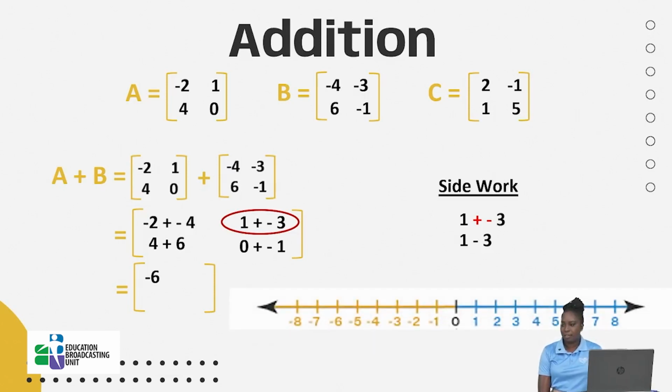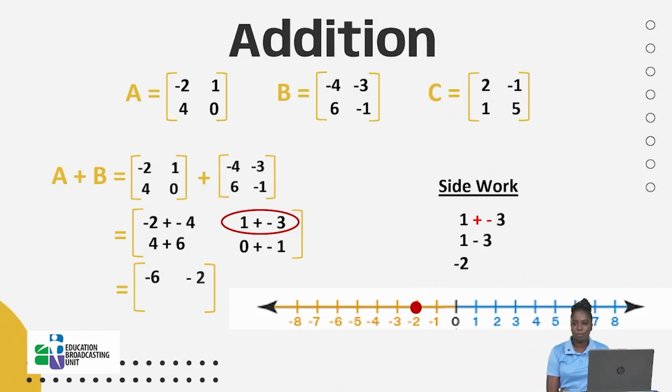We're going to utilize the number line again just for practice. We will place our dot at 1. And again, when we are subtracting, it simply means to move left. So we are going to move left 3 places. 1 minus 3 gives us negative 2.